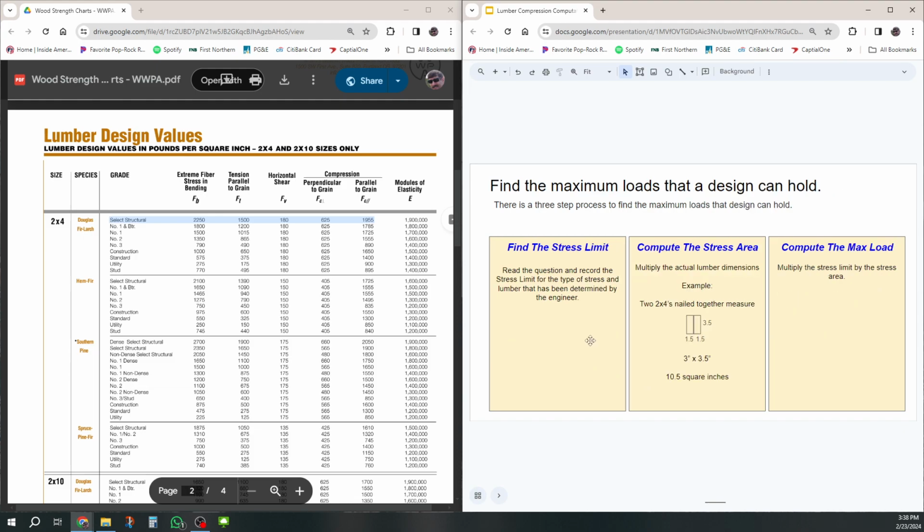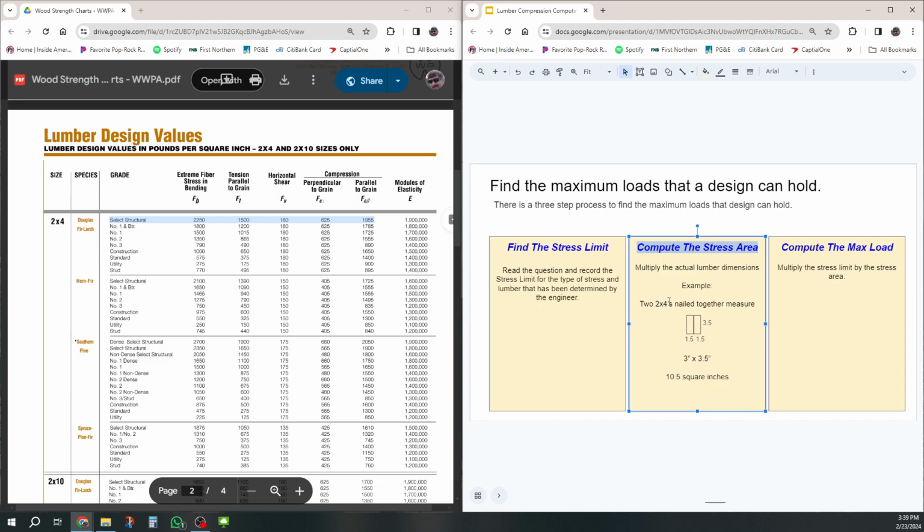All right, the last one is finding the load. And I have to do a few things. The first thing I have to do is find the stress limit like I just did, and then I have to compute the stress area. The stress area is looking on end at, like, a 2x4.